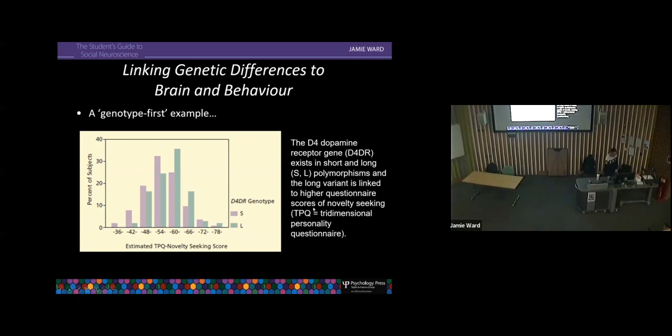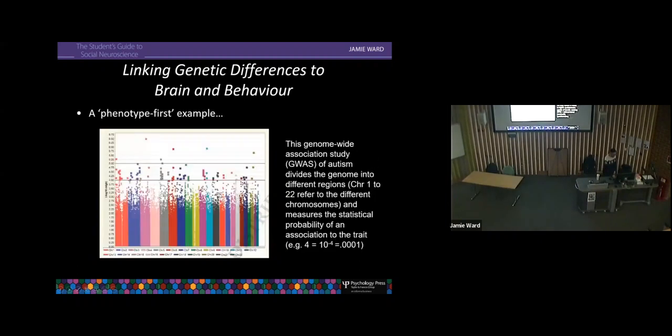What you find here is that one particular variant, the long variant here in green, is associated with greater risk-taking and novelty seeking in both social and non-social situations. So these people are going to enjoy roller coasters more, for example, but they're also more likely to experiment with drugs. So this is a measure of personality.